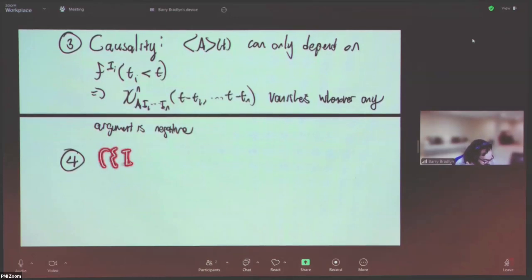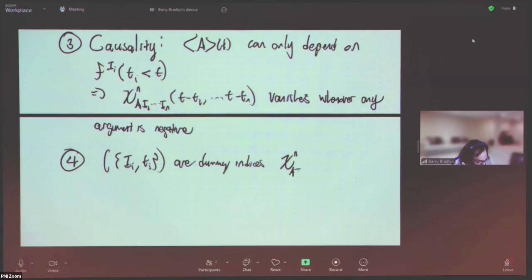Mathematically, what that means is that since these pairs, I sub I, T sub I, are dummy indices, our functions chi should be invariant or symmetric under the simultaneous exchange of one of the i's with another I and one of the t's with another t.